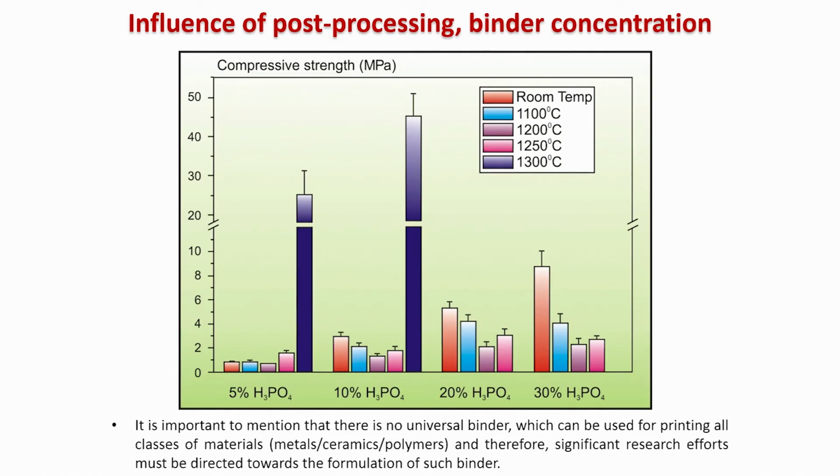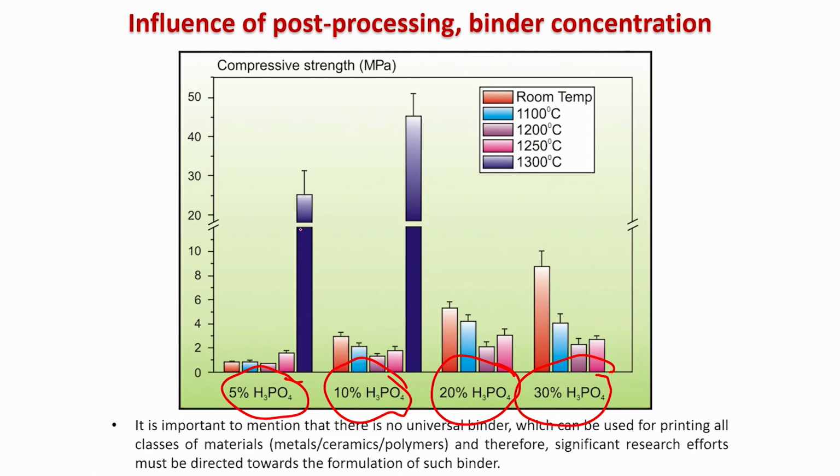Just to show you the importance of the different binders: one of the materials being printed using different phosphoric acid concentrations, like 5% to 30% phosphoric acid.